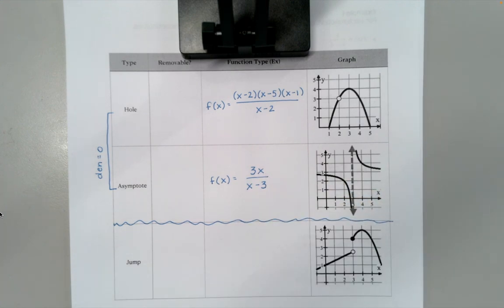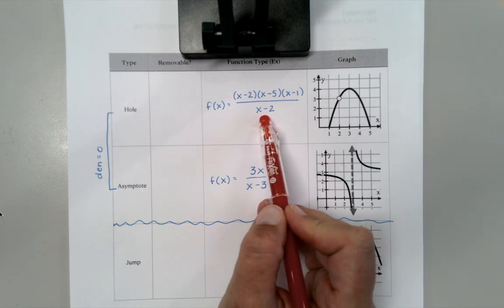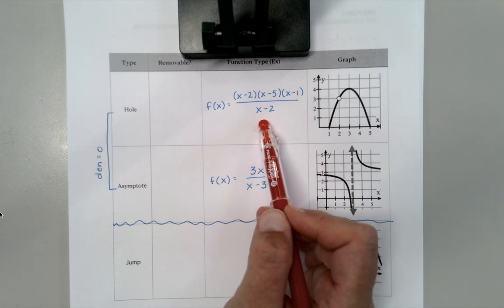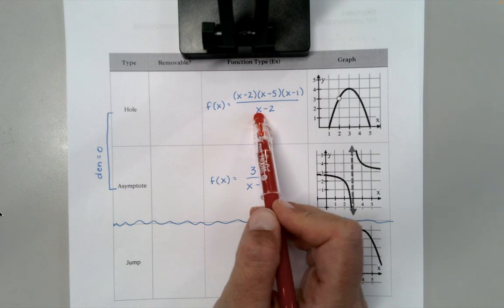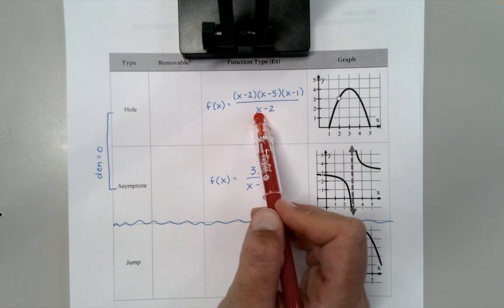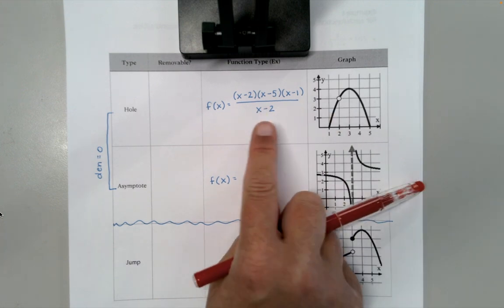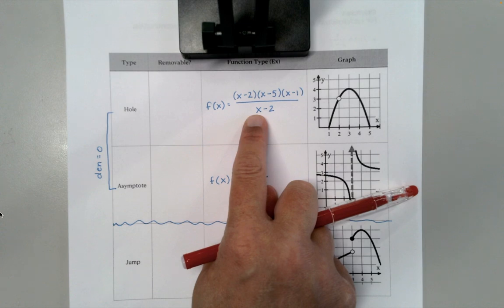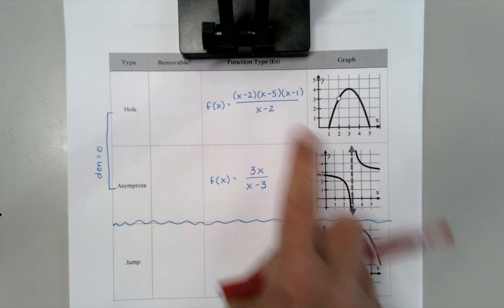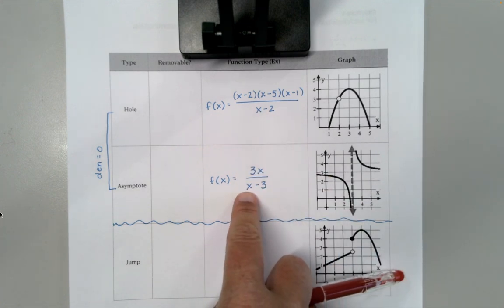What I want you to notice is that in both of these examples, I have x's on the bottom of my fraction, and that's where we have to be on the lookout. We have to be worried about what x would make the denominator equal to 0. In this case, I couldn't let x be 2. I'm going to have an undefined value at 2. In this case, I have an undefined value at 3, because those give me zeros.